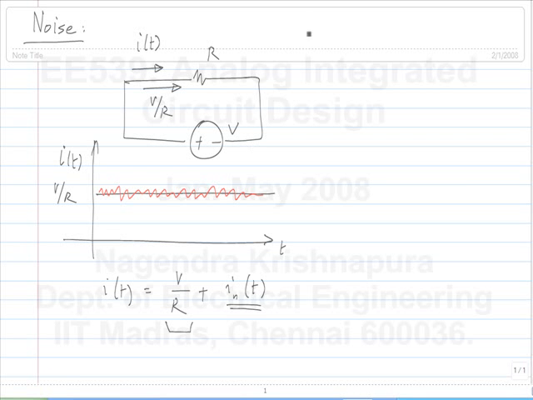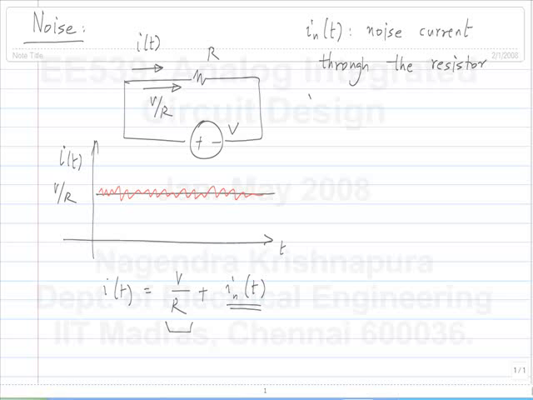Now some properties of this noise through the resistor. First of all, its average value is 0. So the average value of the current I of t is V by R, as you expect.